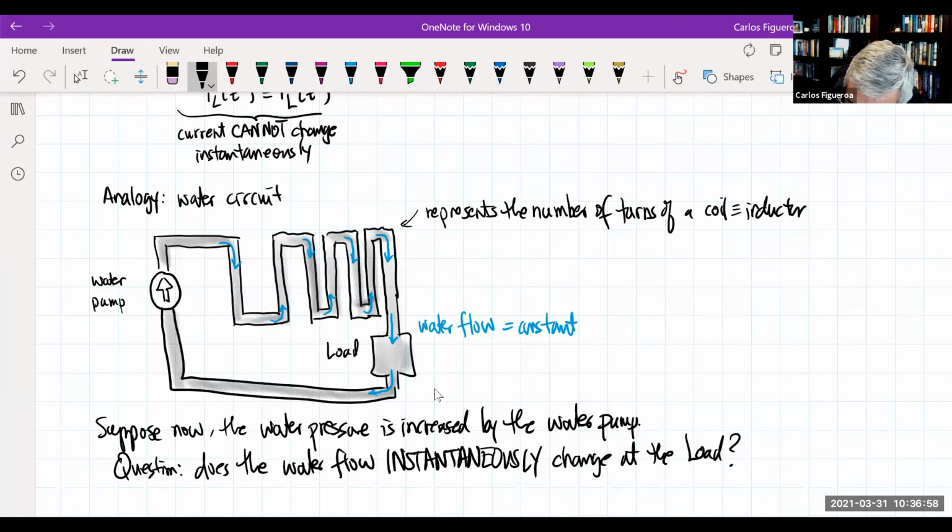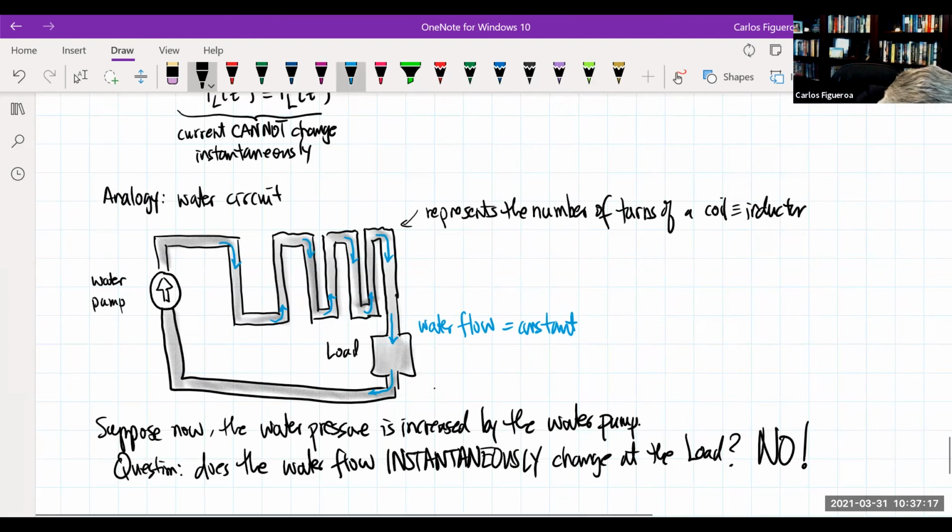And the answer is absolutely no. As you change the water pressure at the pump, you're essentially sending a shock wave through the whole system.